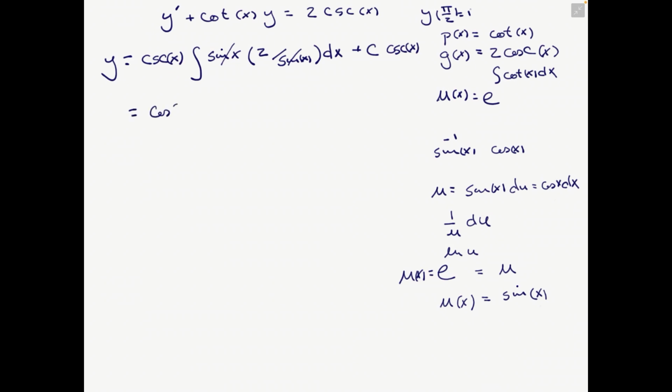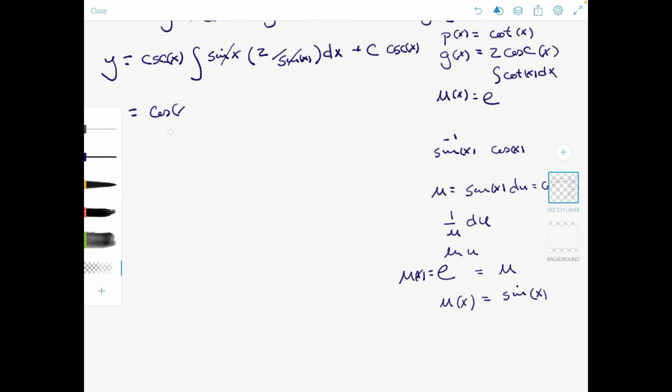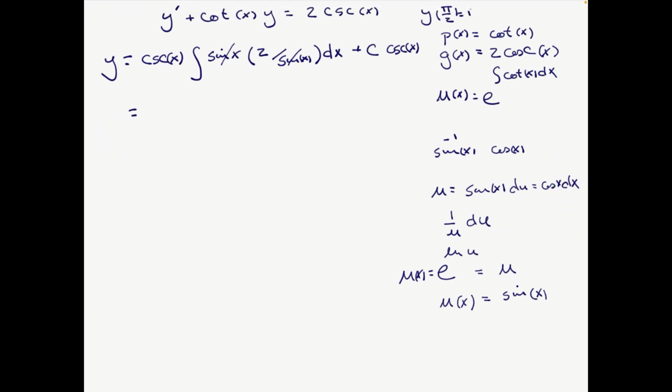These cancel, and we have cosecant, so used to working with certain trigonometric functions. Cosecant x times 2 dx plus c cosecant x.